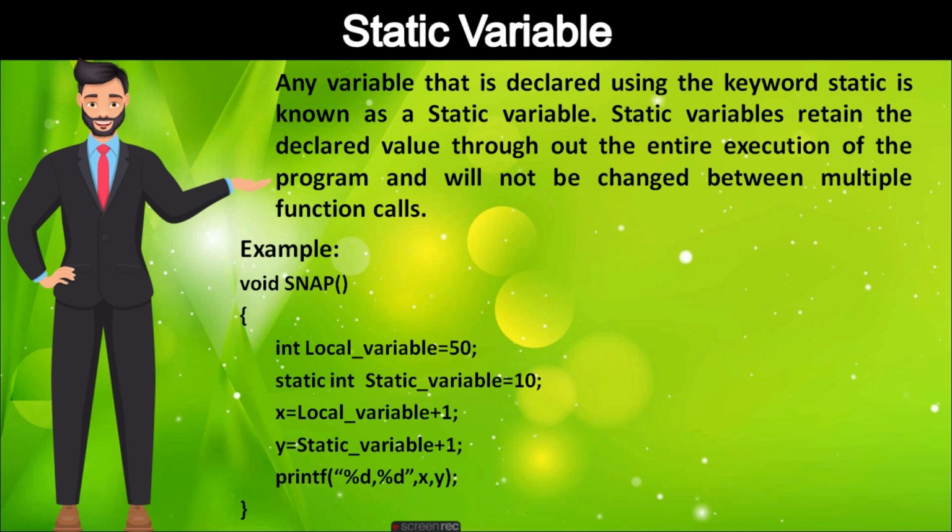I cannot change it. I have given the example also: local variable plus 1. In the local variable I have the value 50, plus 1 means 51. That 51 can be stored in x. Then when I update the value in static variable plus 1, in static variable I have the value 10.